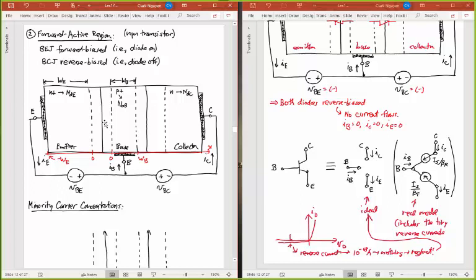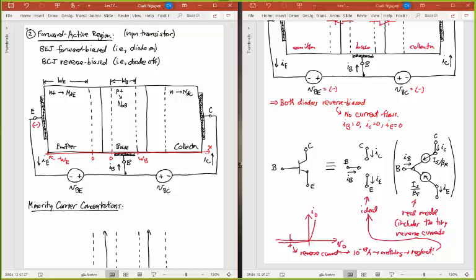And now what I'm doing is I'm forward biasing this diode because I'm putting a positive voltage on the base, a negative voltage on the emitter, so plus on the P, minus on the N. And if I do something like that, you know current is going to flow.